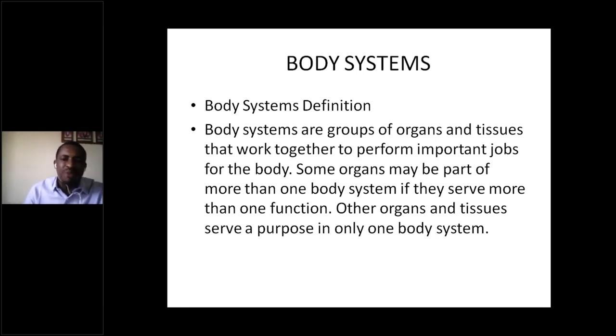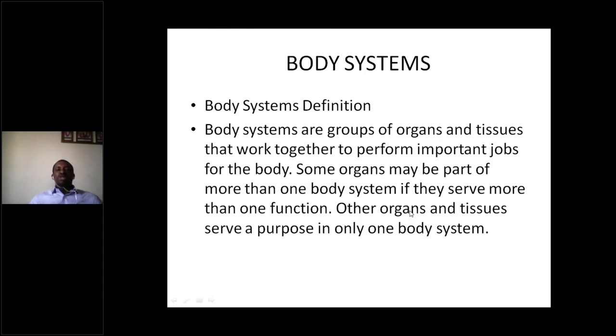So some organs may be part of more than one body system. So you can have one organ in more than one body system. Some organs may be involved in the urinary and reproductive system. Some organs may be involved in the respiratory and another system. So they serve more than one function.